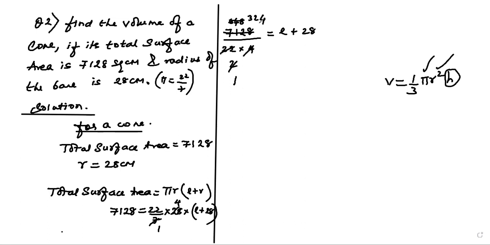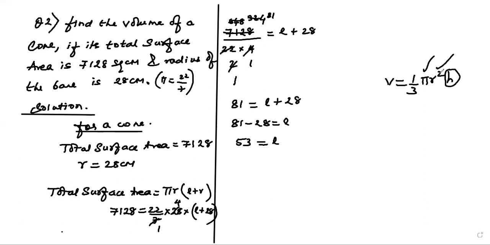This goes in 81, 4 81s are 324. So ultimately, 81 is equal to L plus 28. So 81 minus 28 is equal to L. So how much will it become, children? You can see this is 53. 53 equals L.